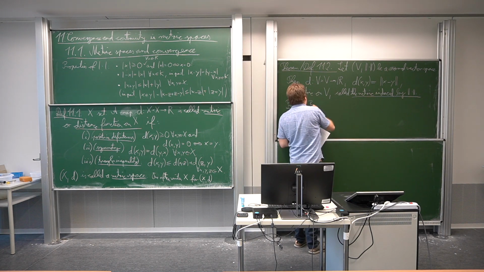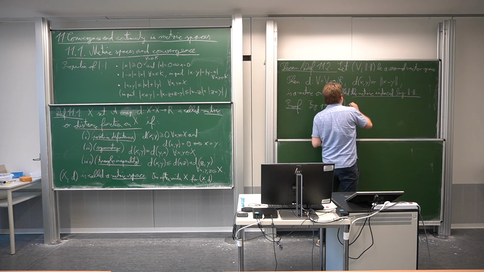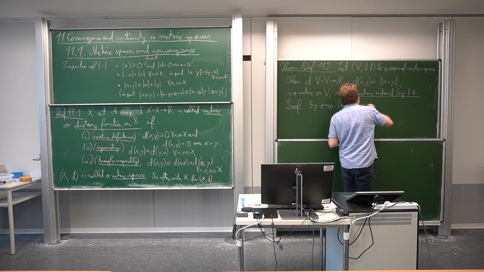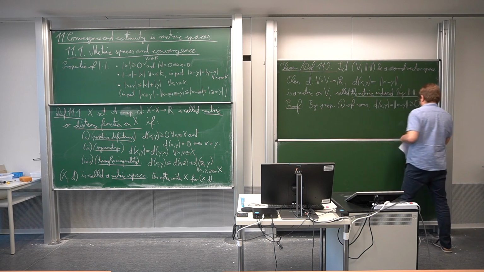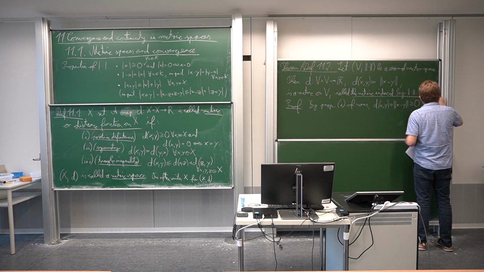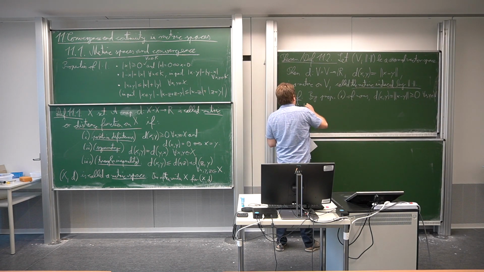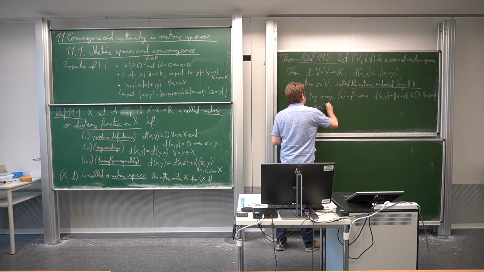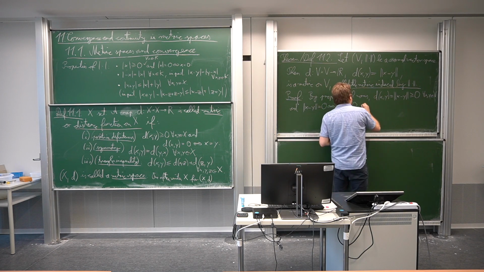We've basically already done all this, but let me do this once in detail. By property 1 of norms, it holds that d(x, y), which is the norm of x minus y, is always non-negative, for all x, y in V. And the norm of x minus y is 0 if and only if x minus y is 0, if and only if x equals y.